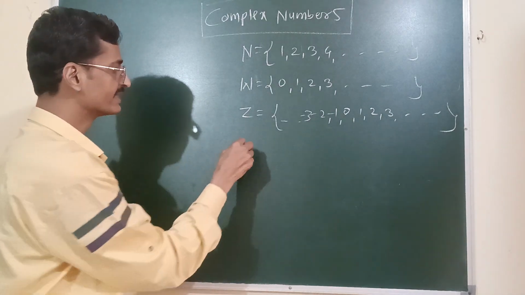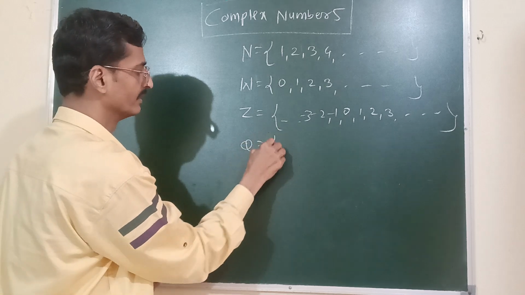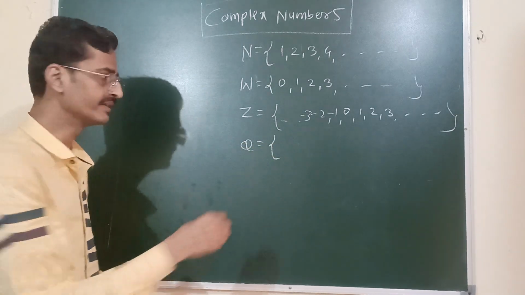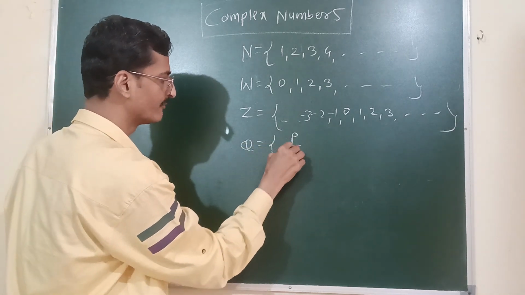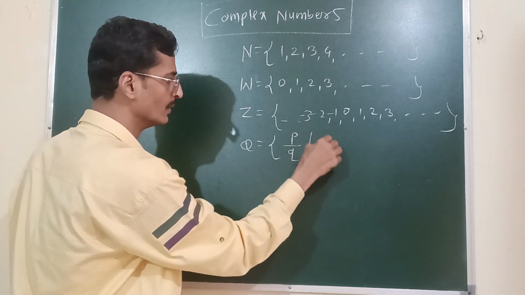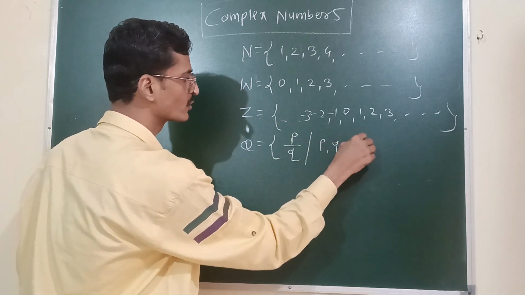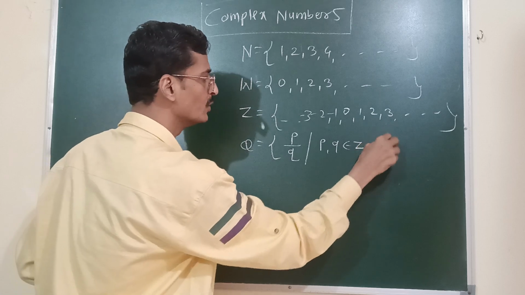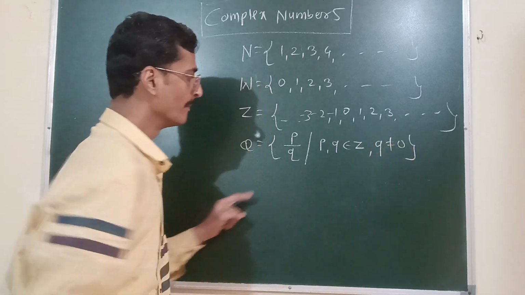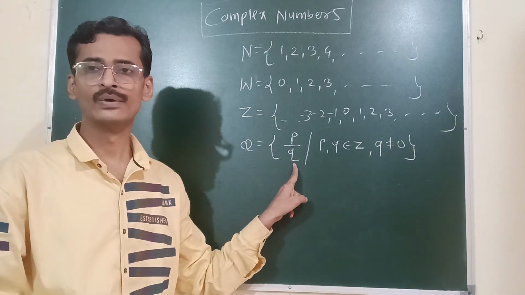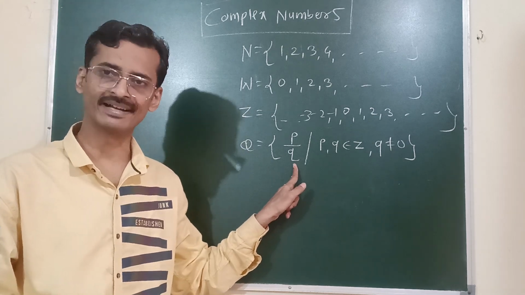The next set of numbers is rational numbers. Rational numbers are numbers which we can write in the form of P upon Q, where P and Q belong to integers and Q is not equal to 0, because if Q is 0, then that number is not defined.